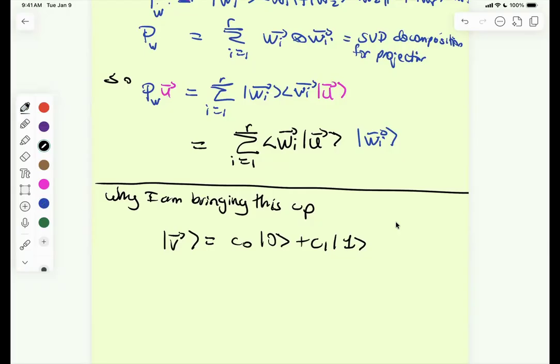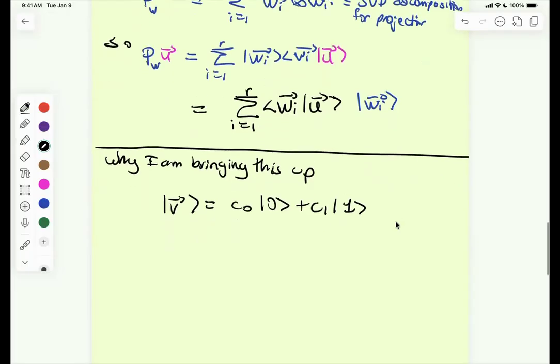But because the basis is orthonormal, if you take the dot product, for example, with the 0 qubit, I'll just do it one more time so that you see it more explicitly.